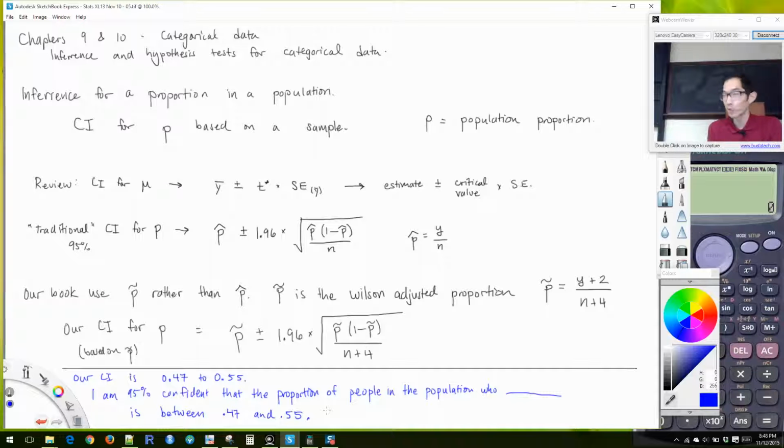And then this proportion said yes. We did the confidence interval and we got 0.47 to 0.55. We're saying I'm 95% confident that the proportion of people in the population who will vote for XYZ is between 0.47 and 0.55. So, do we have evidence that over half the people support XYZ?